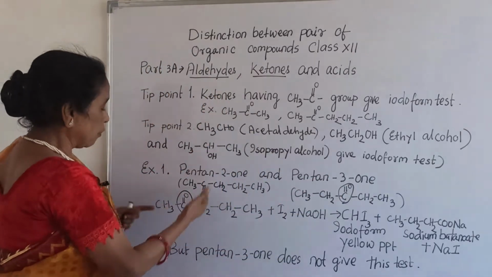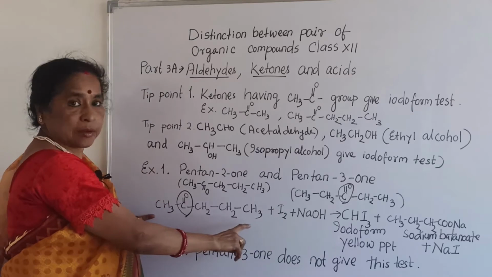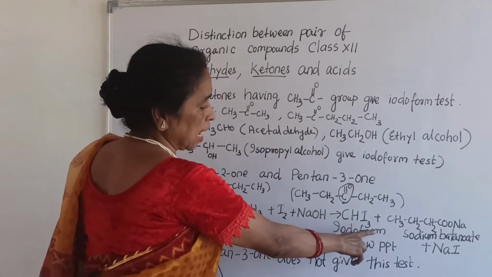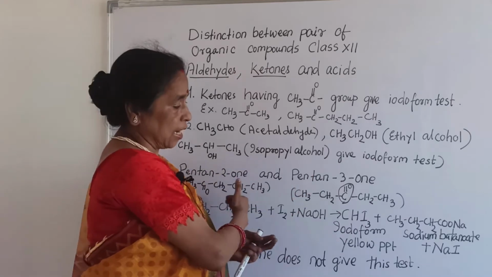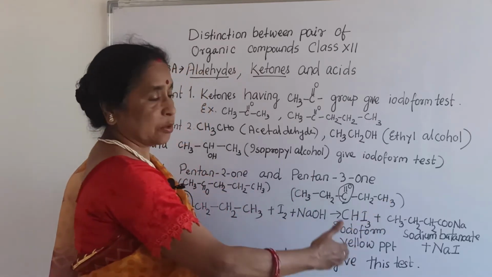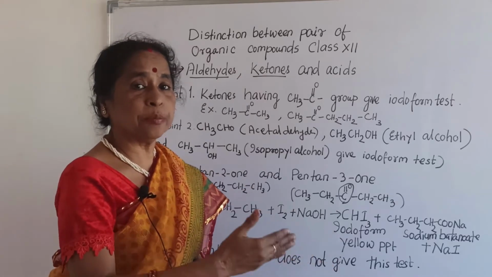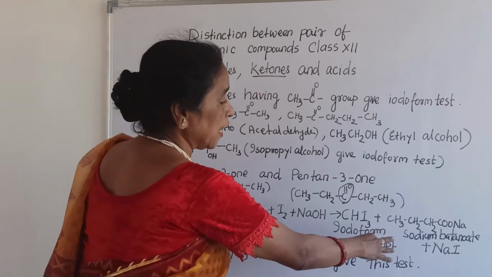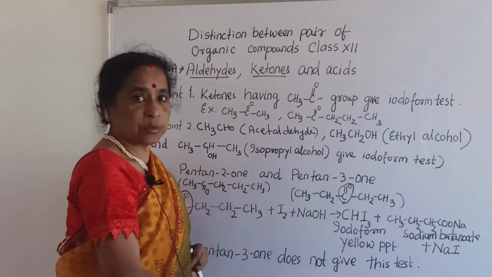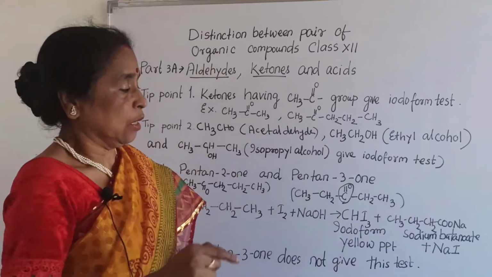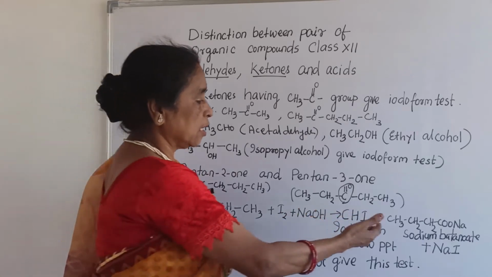According to tip point 1, pentan-2-one will give the iodoform test. Since there are 5 carbon atoms, CHI3 iodoform, the yellow precipitate, takes one carbon, and the other 4 carbon atoms produce the salt, sodium butanoate. You can find 4 carbon atoms and COONa, so the name is sodium butanoate. And what is the other byproduct?